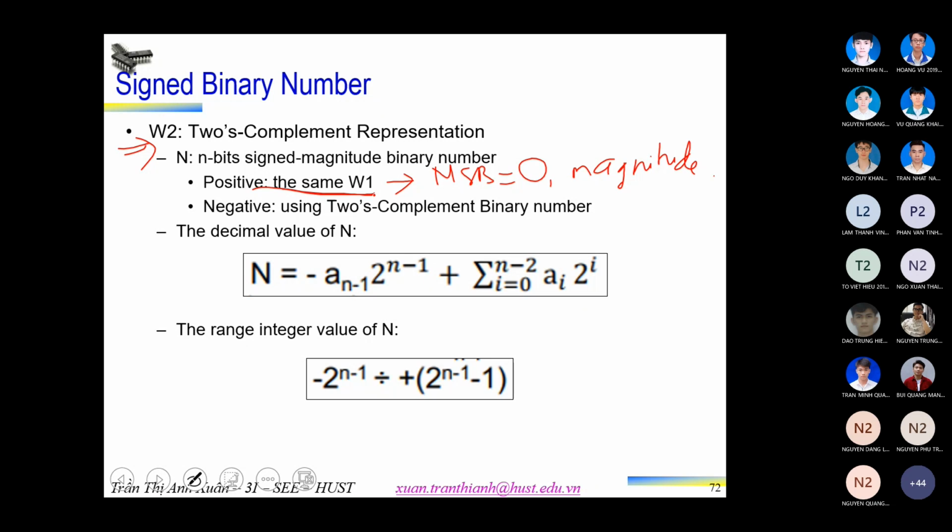The only difference is for negative numbers, where they use the 2's complement binary number.